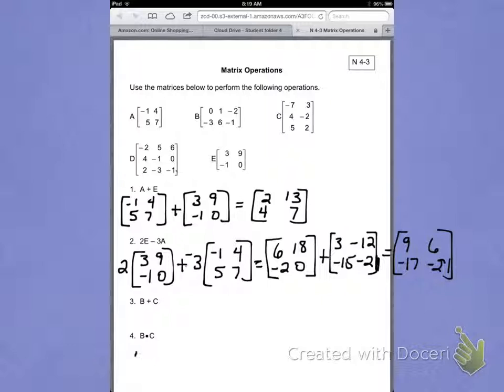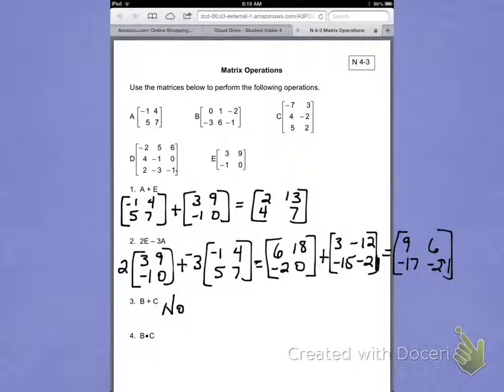Alright, so now we've got 3, which is B plus C. Well, let's look at B. B is a 2 by 3 matrix, and C is a 3 by 2 matrix, so they're not the same dimensions, so it's not possible.